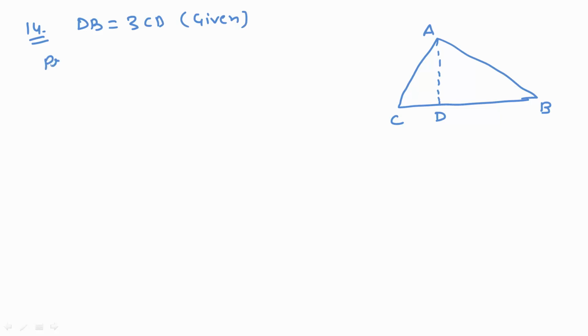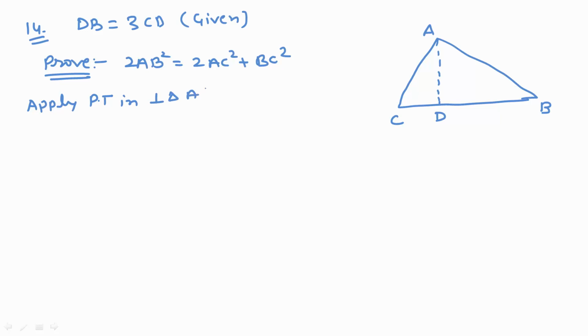Prove that 2AB square is equal to 2AC square plus BC square. Now first apply Pythagoras theorem in right triangle ACD.